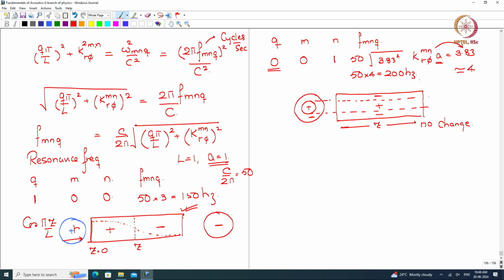Okay. So let me do one more. If I have Q equal to 1, then I have M equal to 1 and then I have N equal to 1, then my F, M and Q is 50, let us say square root of Q is 1 pi by L. So pi by L is, let us say 3 square, plus now M equal to 1, N equal to 1. What is that value?